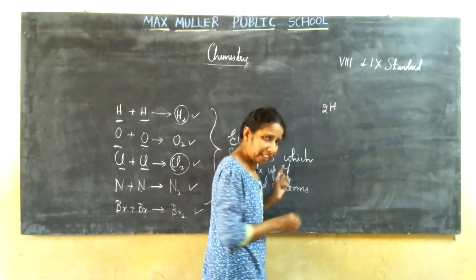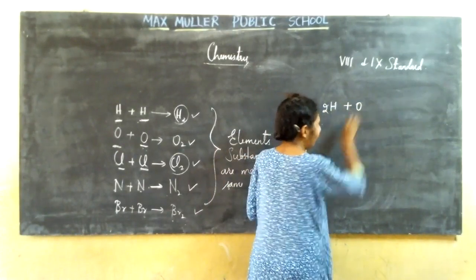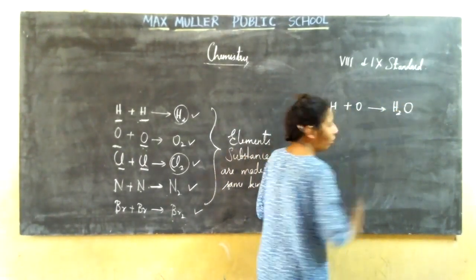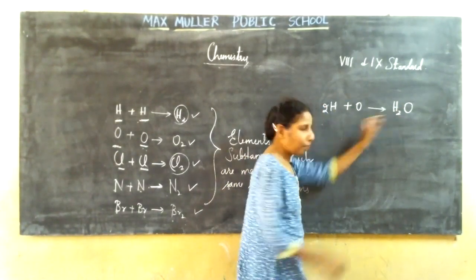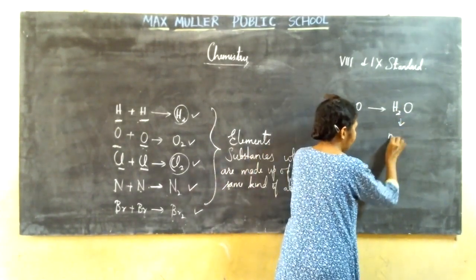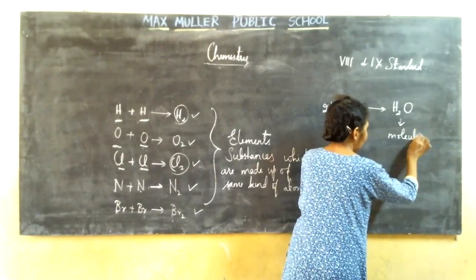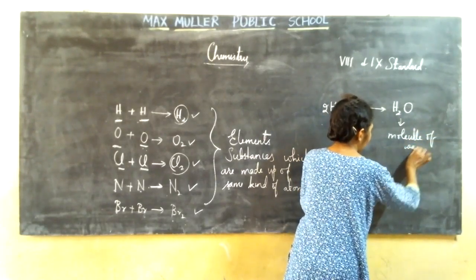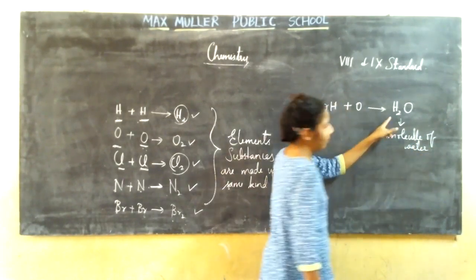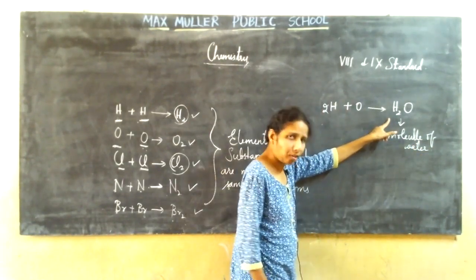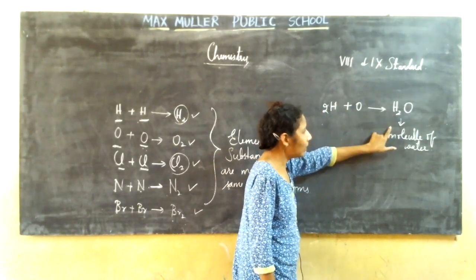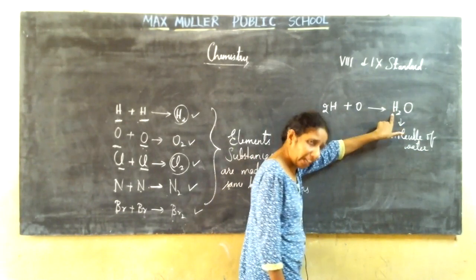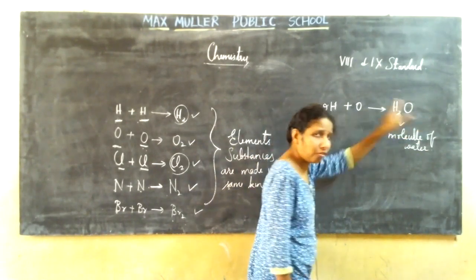Now we come to two hydrogen atoms combined with one oxygen atom to form a molecule of water. Listen carefully, this represents a molecule of water which contains two atoms of hydrogen and one atom of oxygen.